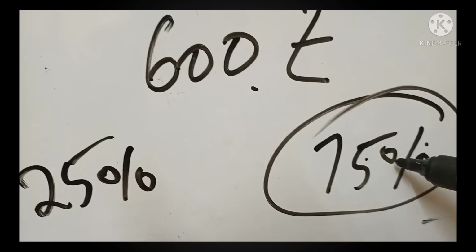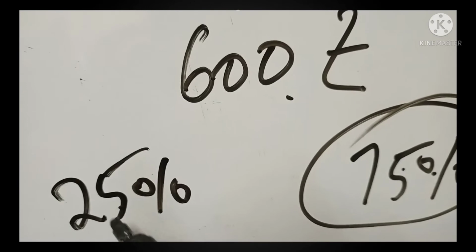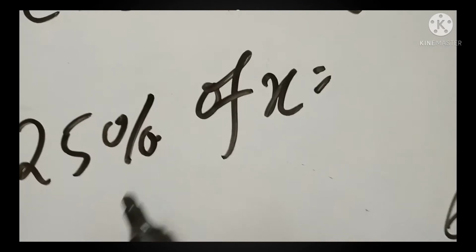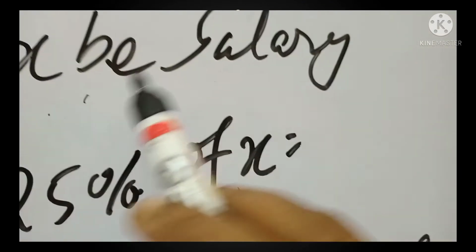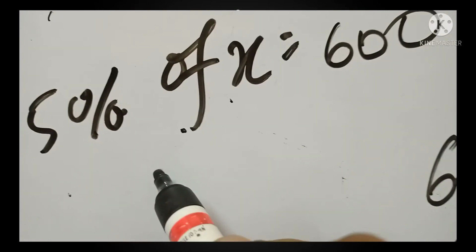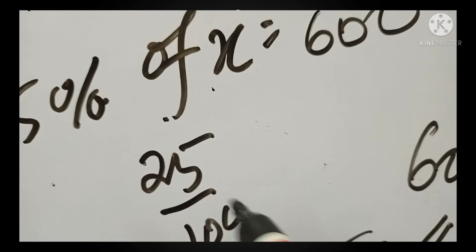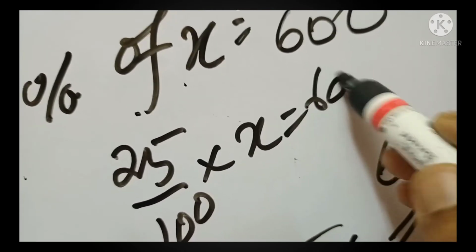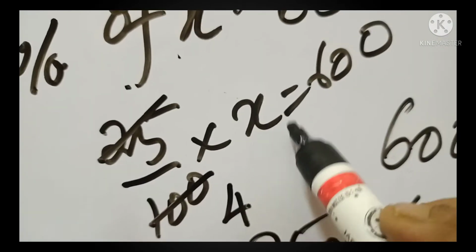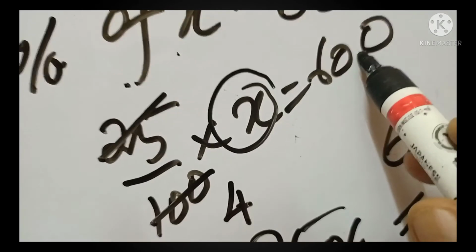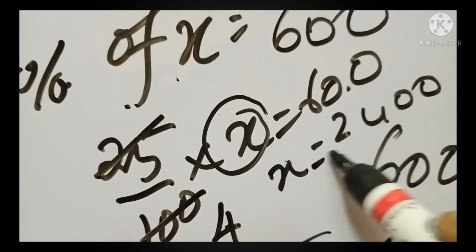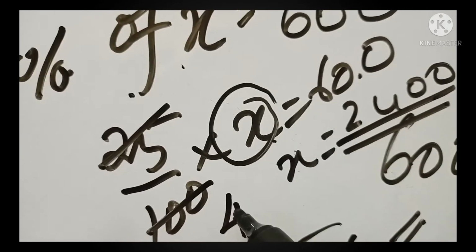That is 25 by 100 into x is equal to 600. Then 25 and 100 can be cancelled. It is 4. So x is 4 into 600, the answer x is 2400.